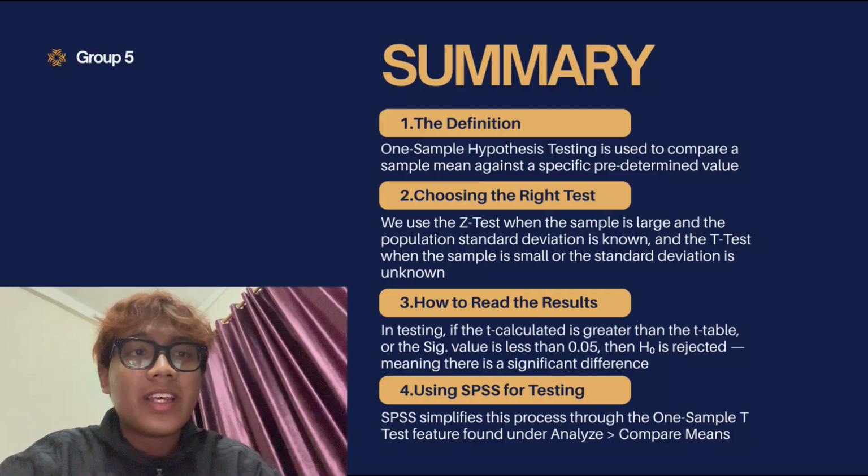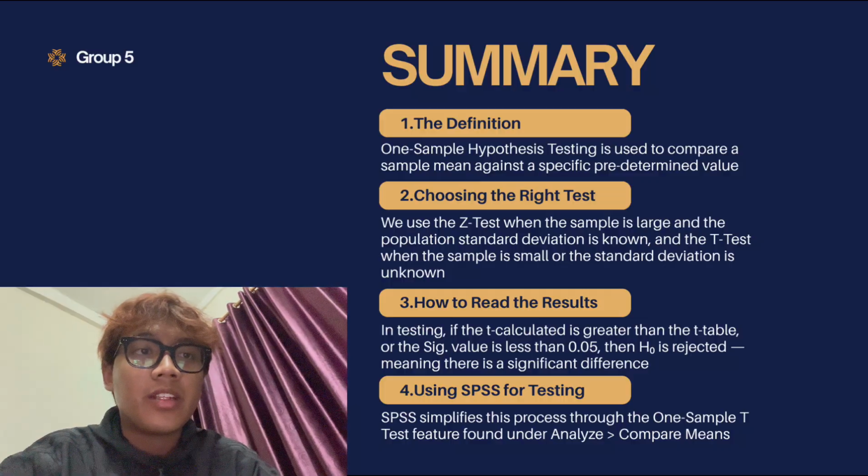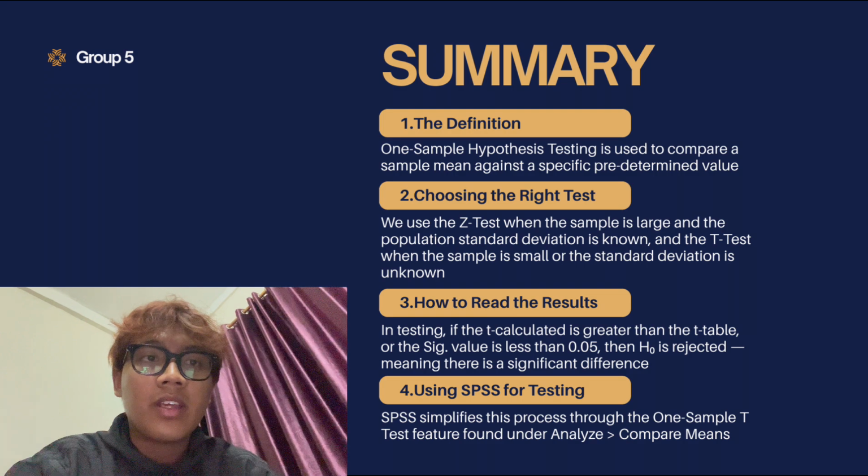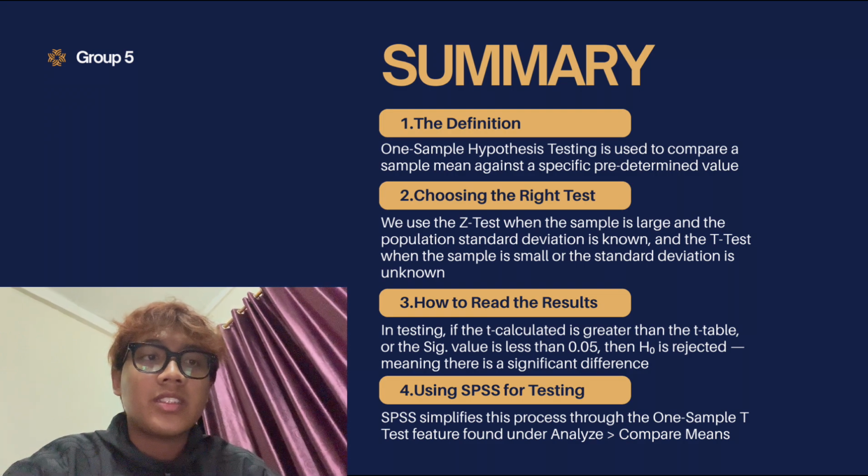We use the z-test when the sample is large and the population standard deviation is known, and the t-test when the sample is small or the standard deviation is unknown. Number 3. In testing, if the t calculated is greater than the t table, or the Sig. value is less than 0.05, then H0 is rejected, meaning there is a significant difference.